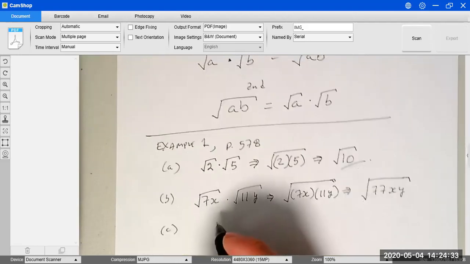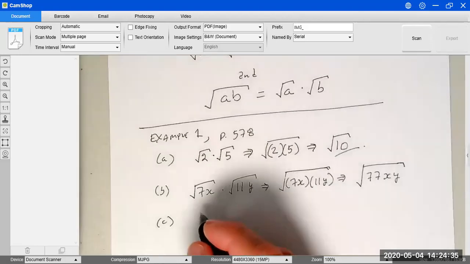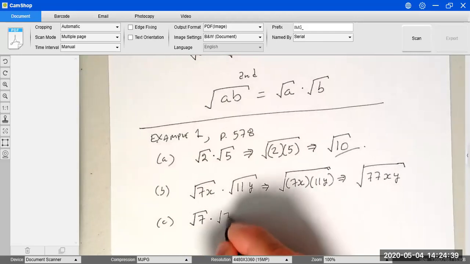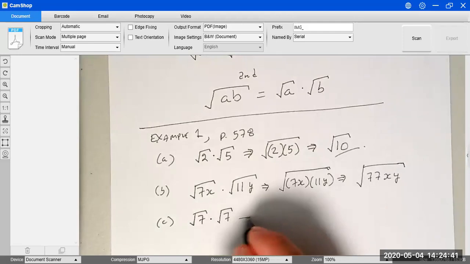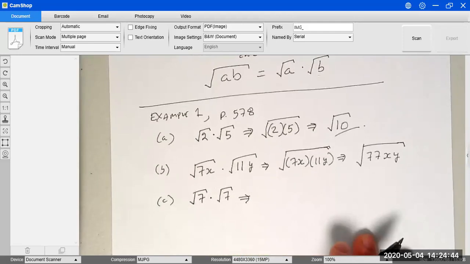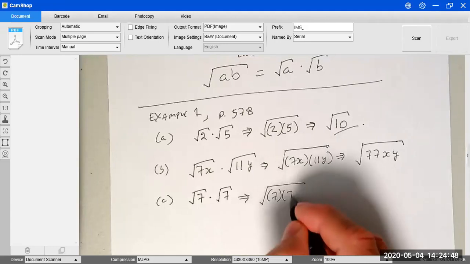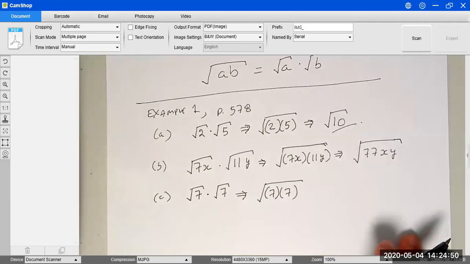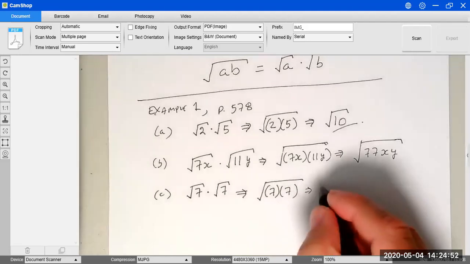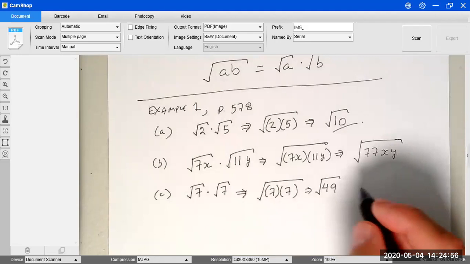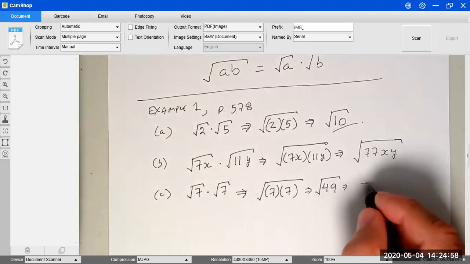Okay, now we have square root of 7 times square root of 7. So again, you're going to use a single radical, and you're going to multiply radicands. 7 times 7 is just 49, but you know that 49 is a perfect square, so we're going to write 49 as 7 squared.